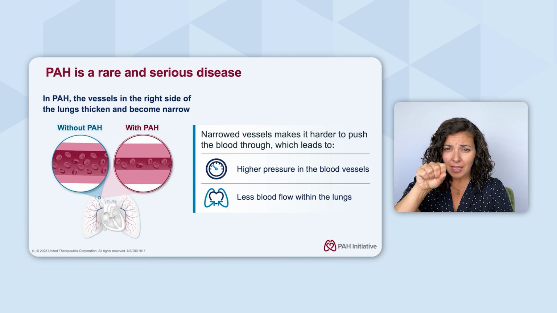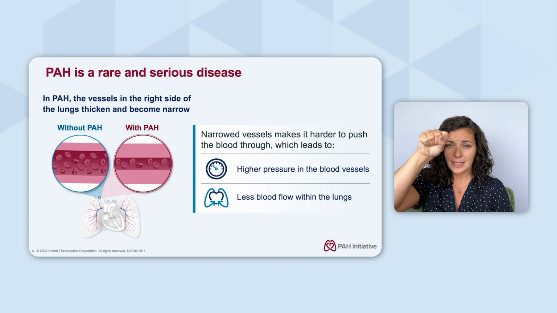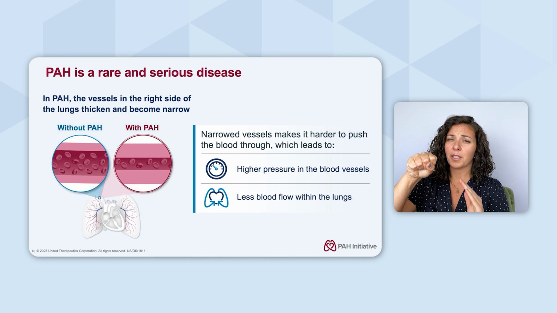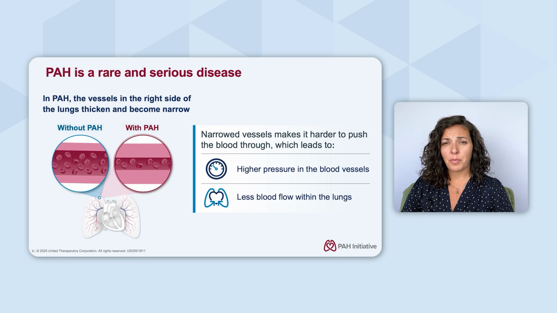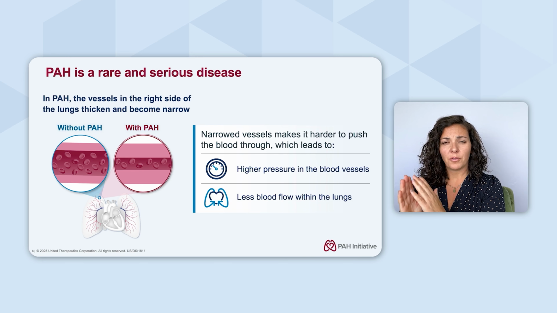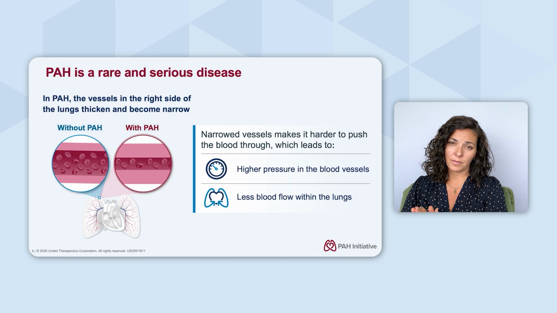As those vessels narrow, that pressure rises. And when pressure rises, that resistance goes up. And now the heart is working extra hard to get blood from the right side of the heart through the narrow vessels to the left side of the heart.